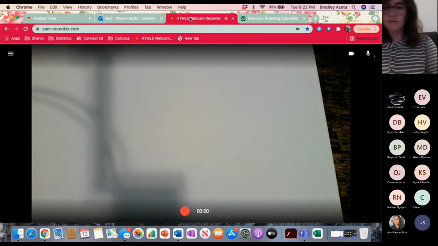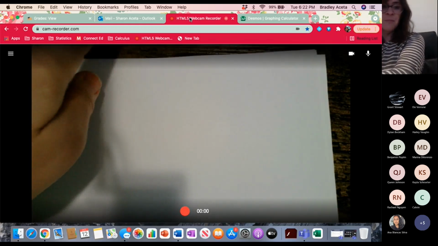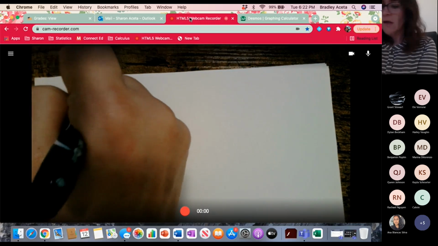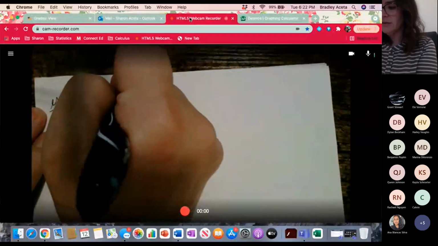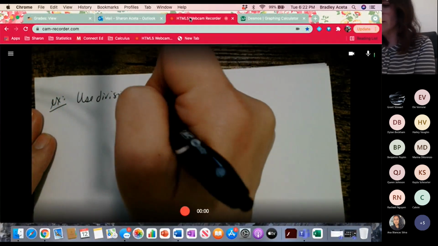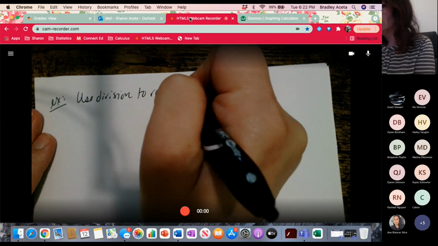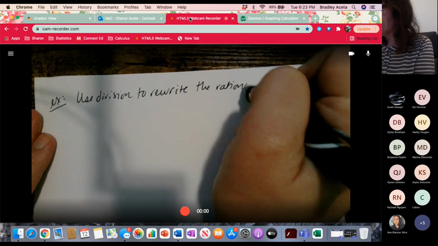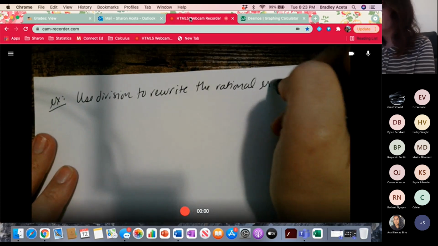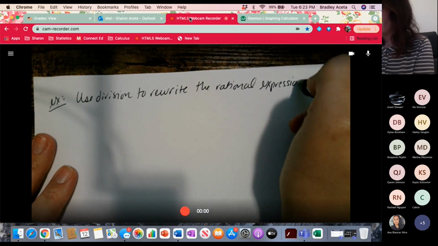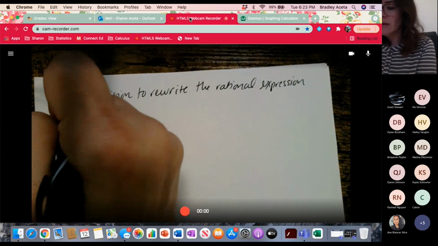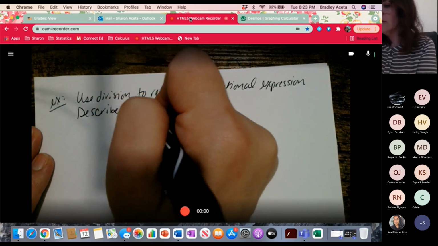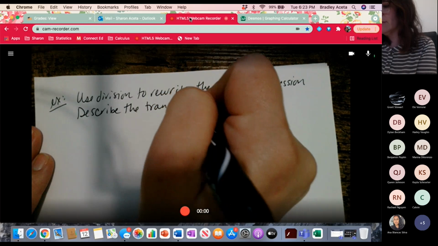So let's see, three quick examples here. This one says, use division to rewrite the rational expression and describe the transformations and graph.